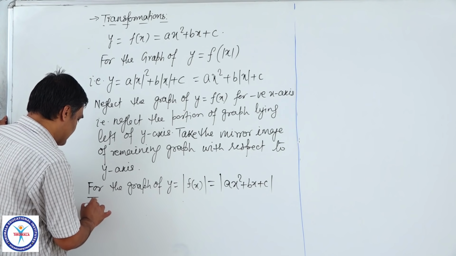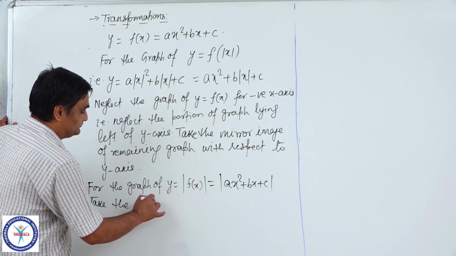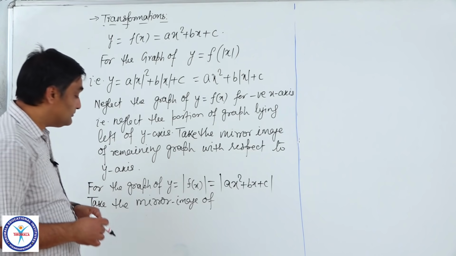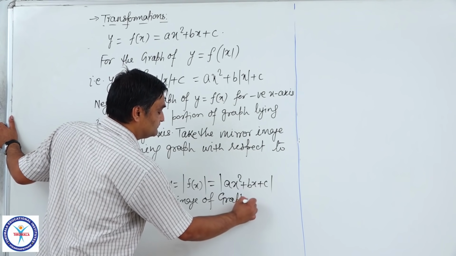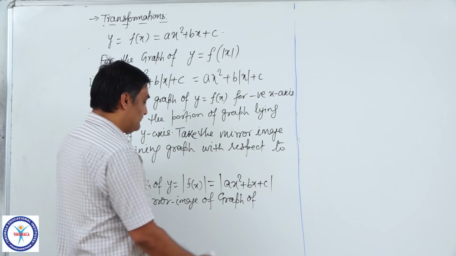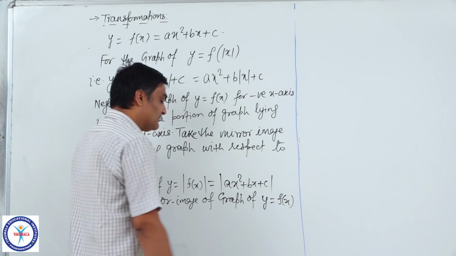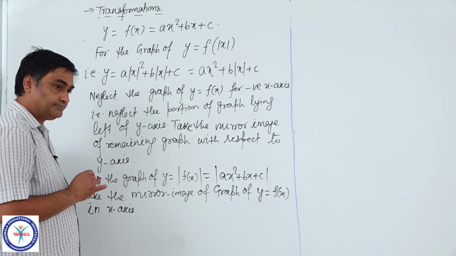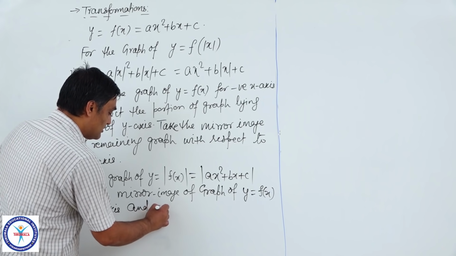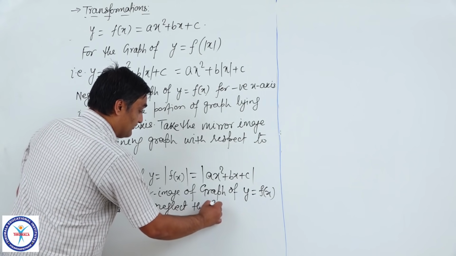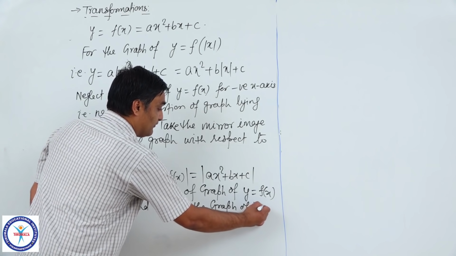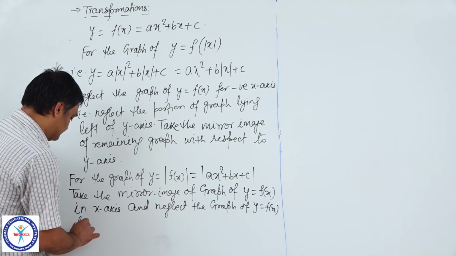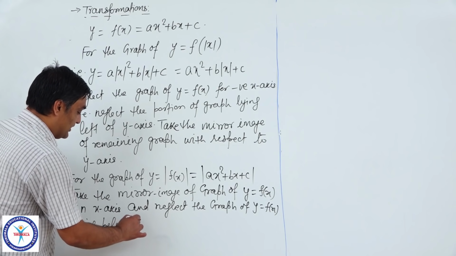For this, take the mirror image of the graph of y equal to f of x in the x-axis, and neglect the graph of y equal to f of x lying below the x-axis.